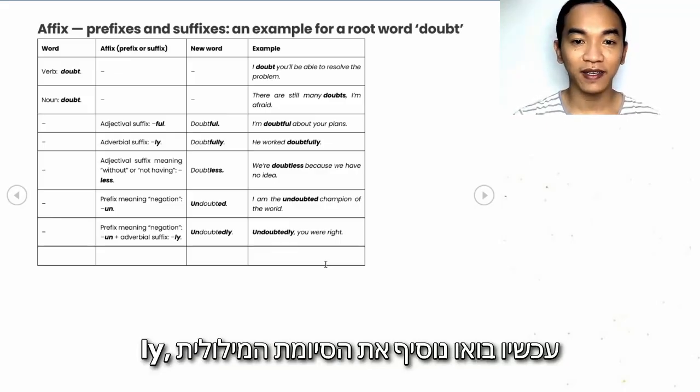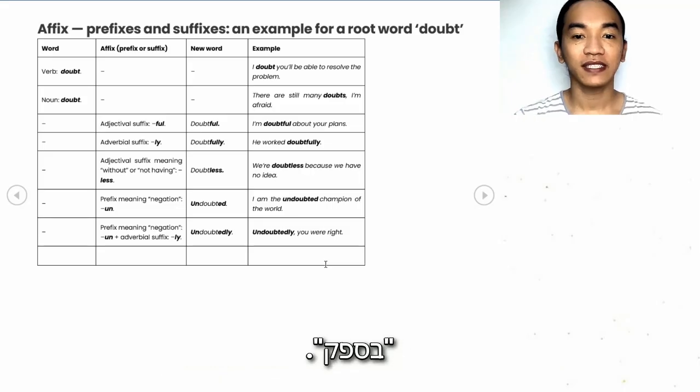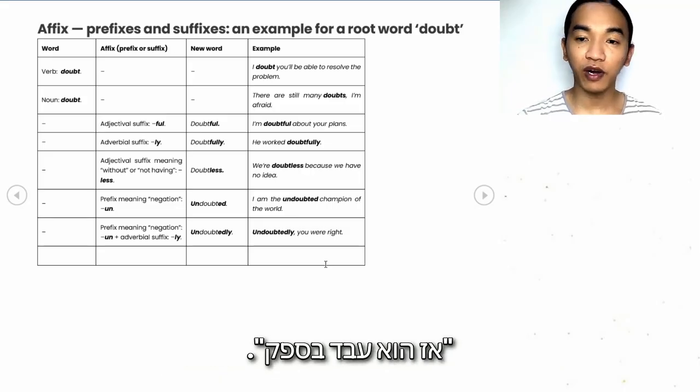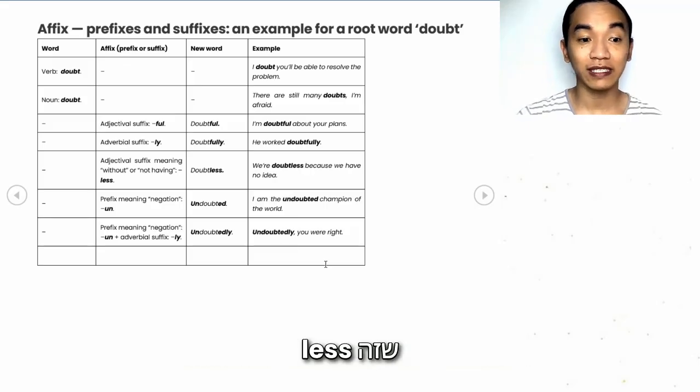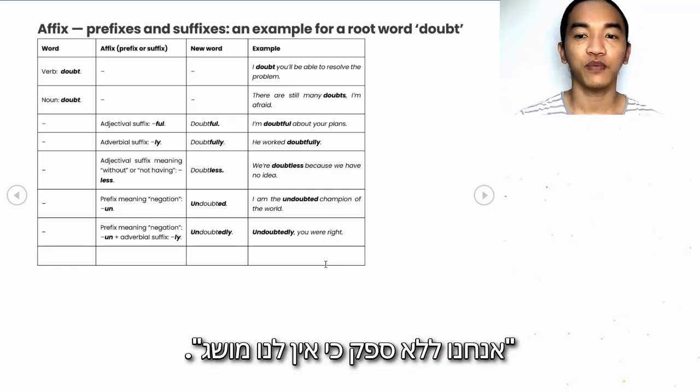Now, let's add the adverbial suffix ly. Okay, doubtfully. So he worked doubtfully. Okay, next is an adjectival suffix meaning without or not having, which is less. Okay, doubtless. We're doubtless because we have no idea.